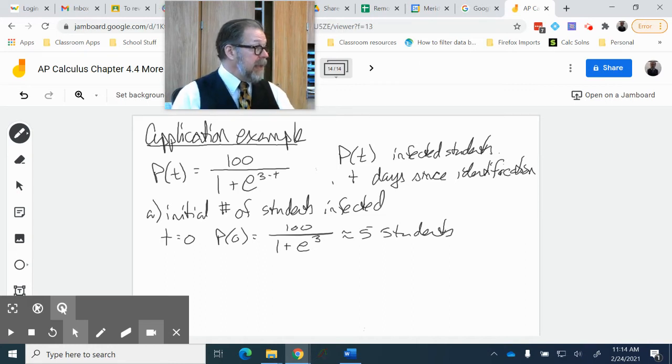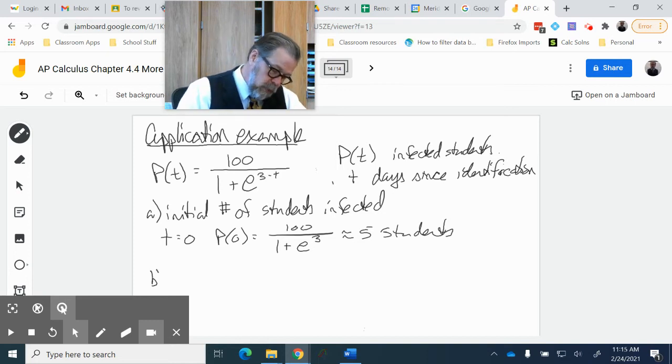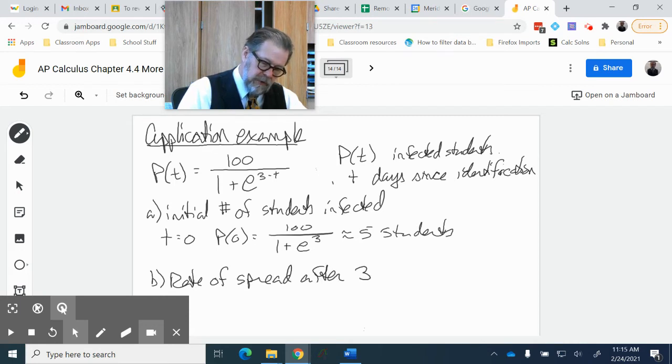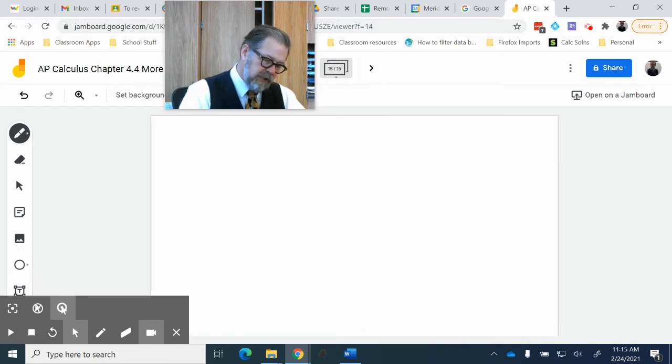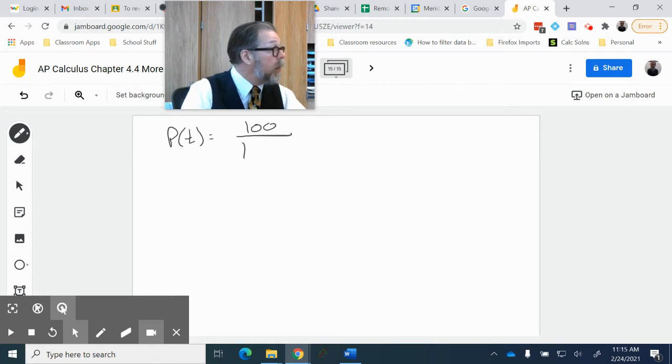Question B is the rate of spread after 3 days. Well, of course, rate is p prime, and so we're looking for p prime of 3. So let's find that derivative. We had that the function was 100 over 1 plus e to the 3 minus t.